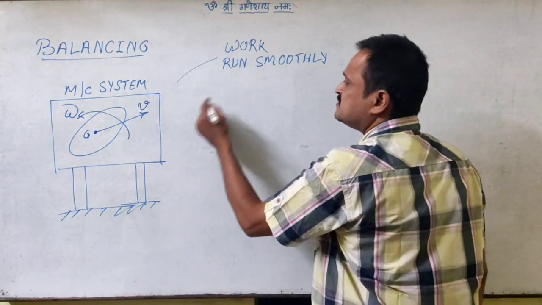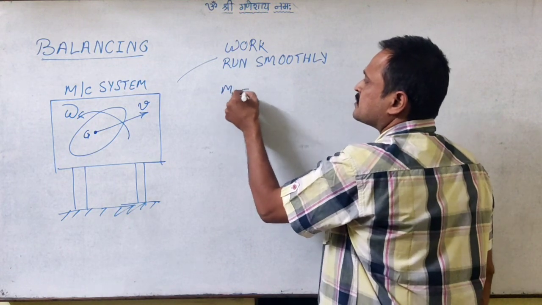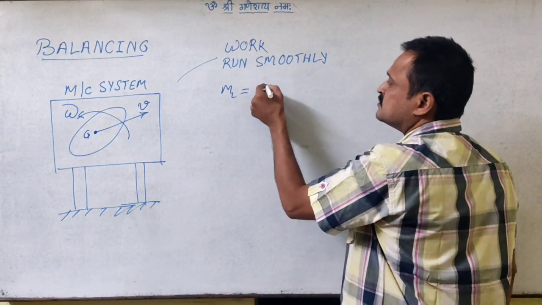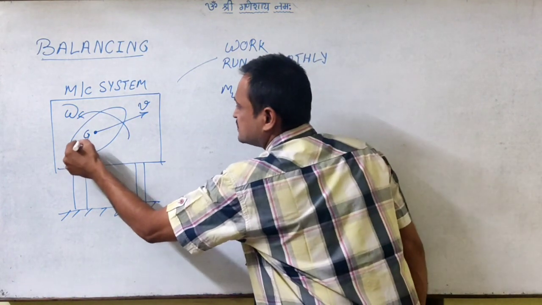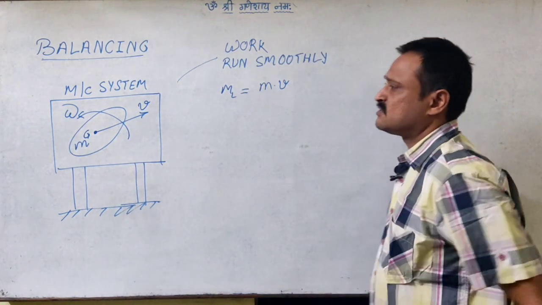So what will be the linear momentum? The linear momentum will be equal to the mass. Let us say it has some mass m, so mass into the velocity.